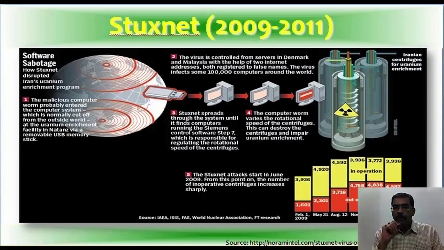This can destroy the centrifuges and impair uranium enrichment. The Stuxnet attack starts in June 2009. From this point on, the number of inoperative centrifuges increases dramatically. For more on this particular attack, you can read, the URL is given below.